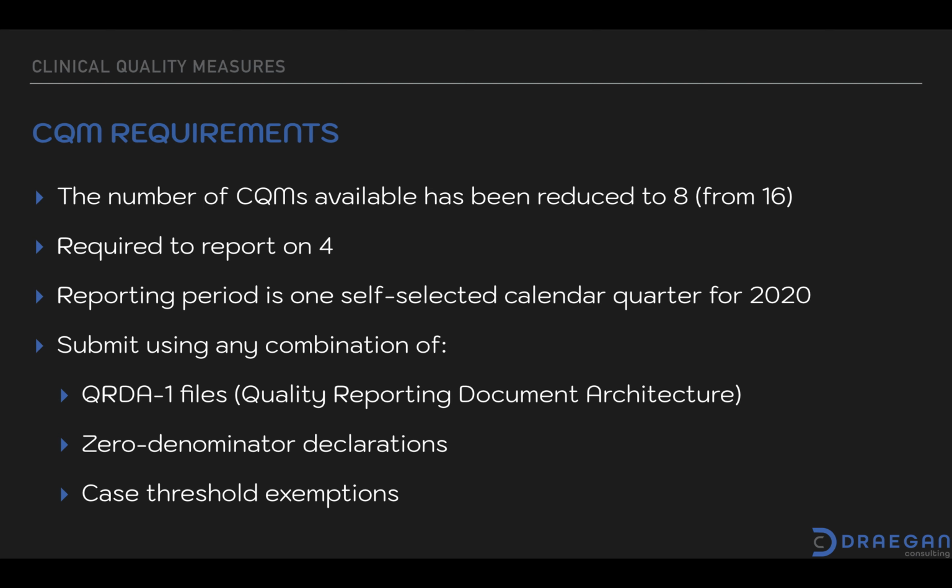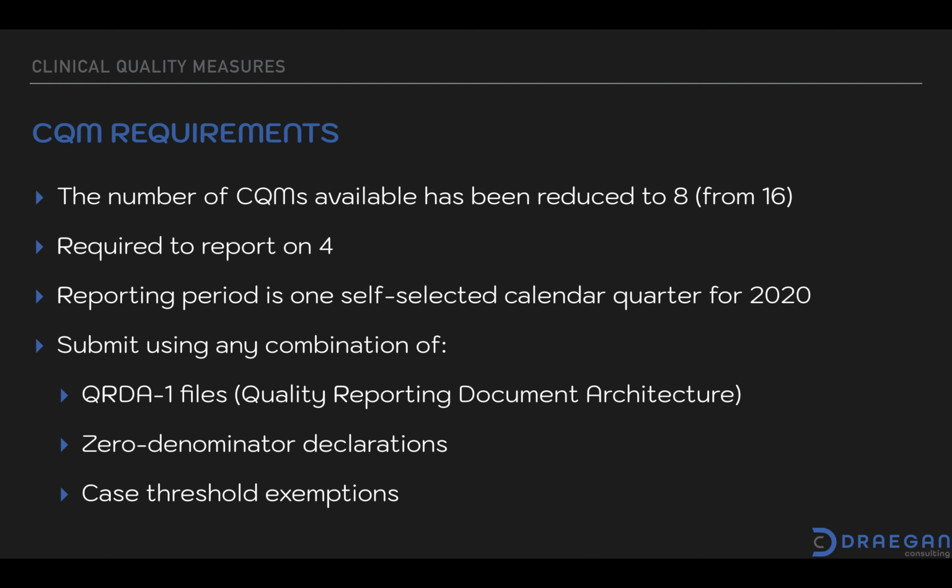Again, as a reminder, the reporting period is 1 self-selected calendar quarter for 2020. And submission for CQMs can be done using any combination of QRDA1 files if you have data to report, a 0 denominator declaration, or a case threshold exemption. And all the rules behind each of those are again located on CMS websites.